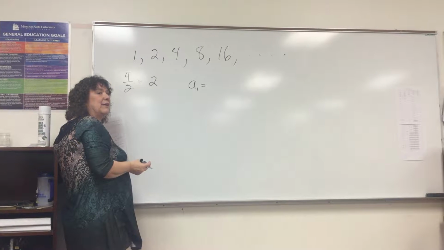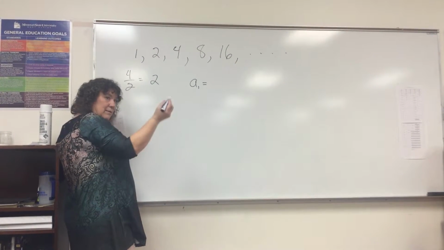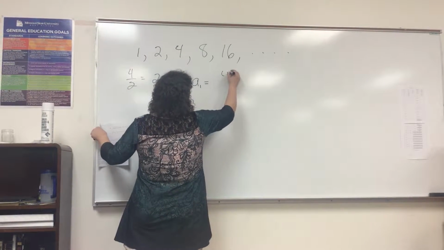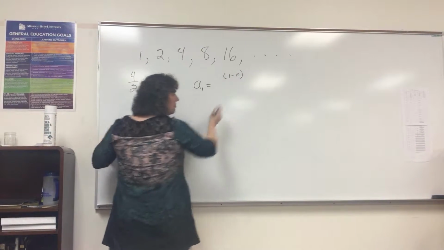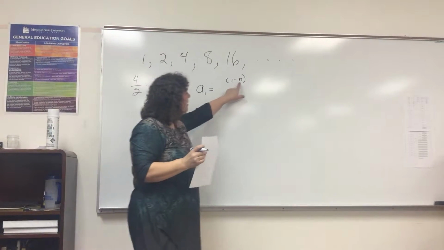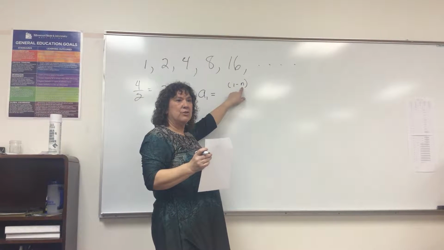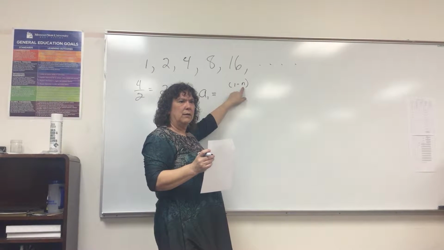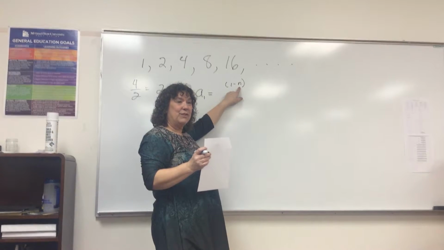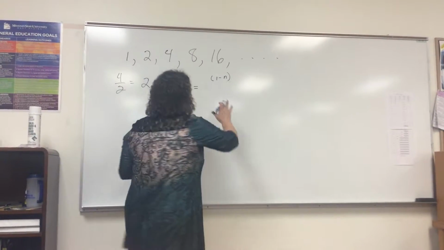Oh, so then it's going to be 1 minus n is the power. It's going to be like 2 times 1 minus n. Are you sure? I'm pretty sure. Well, let's see. If the number of my term was 3, 1 minus 3 would be negative, wouldn't it? Yes. So what should we do with that? Flip it. Flip it, yes.